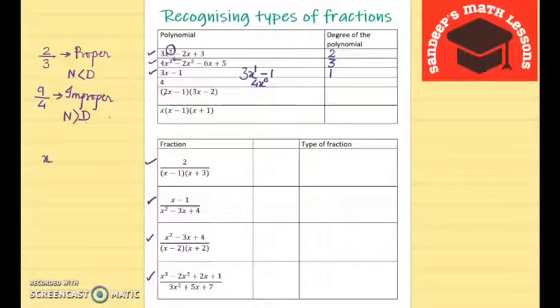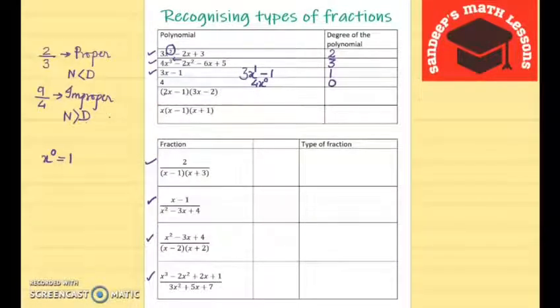Also, you must be knowing that anything raised to the power 0 is 1. So when we say 4x raised to the power 0, it means 4 times 1, which is 4. So the degree of a constant, remember, is always 0.